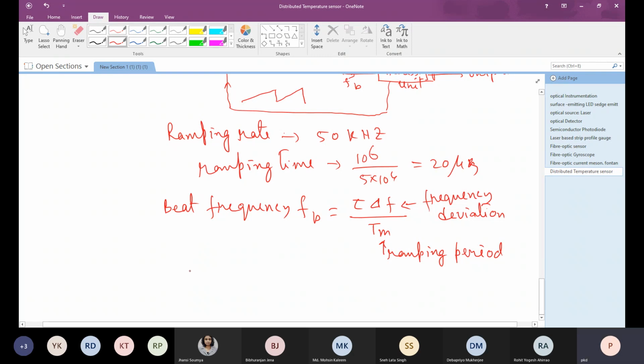Then, for Tm equal to 20 microseconds, delta F, FB say 1 megahertz, if FB is 1 megahertz, twenty into 10 to the power minus 6.